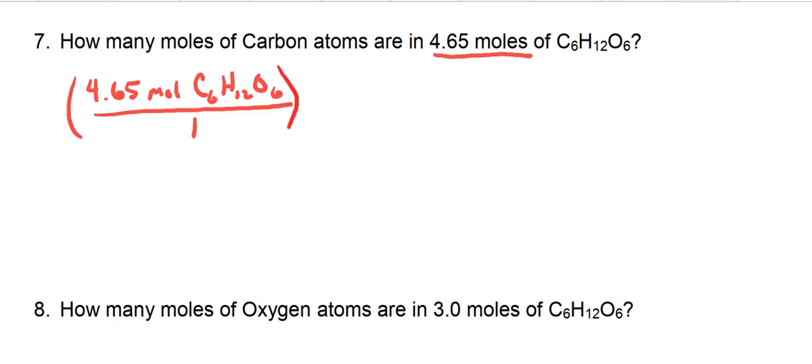Put that in parentheses. We know that there are 6 moles of carbon for every 1 mole of C6H12O6.